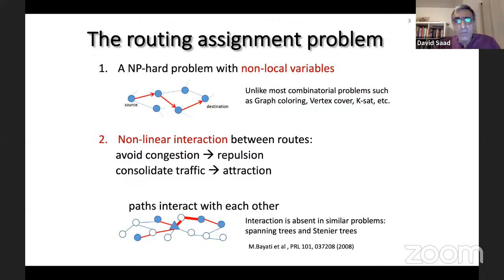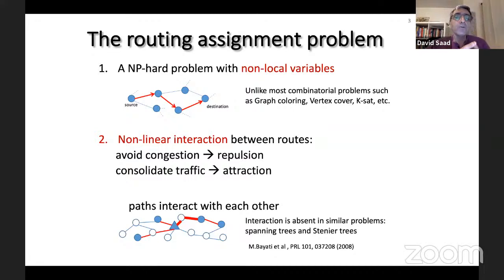So what is the problem with routing? The routing assignment problem is an NP-hard problem because it has interaction of non-local variables. The non-local variables are the routes themselves, and they are interacting in many different places. Unlike many other hard computational problems like graph coloring, vertex cover, k-sat, and so on, where the interaction is very localized, in this case, the interaction is inherently non-localized.